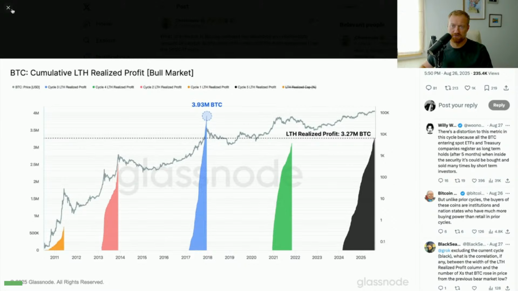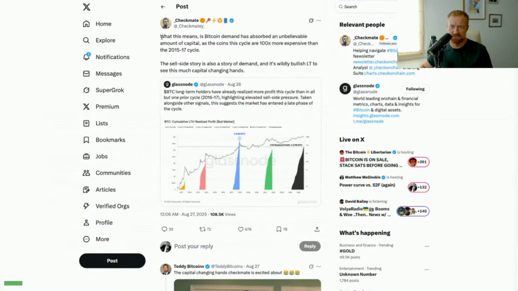And if I go and read what he said, basically, what this means is Bitcoin demand has absorbed an unbelievable amount of capital as the coins of the cycle are 100x more expensive than the 2015-2017 cycle. The sell side story is also a story of demand, and it's wildly bullish long term to see this much capital changing hands.